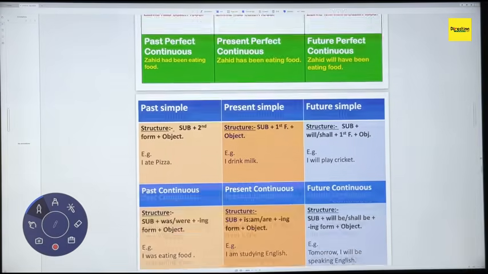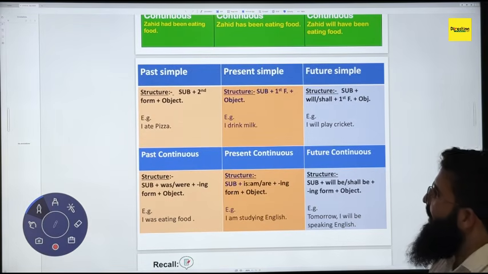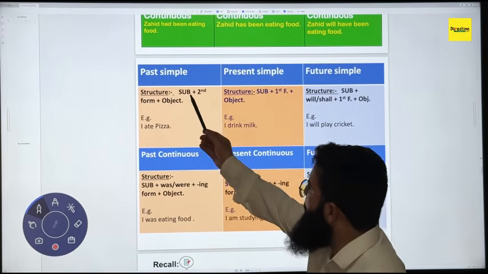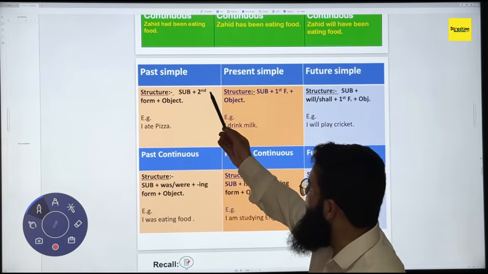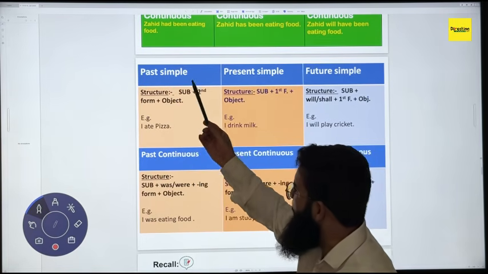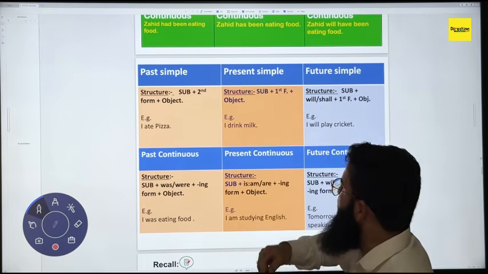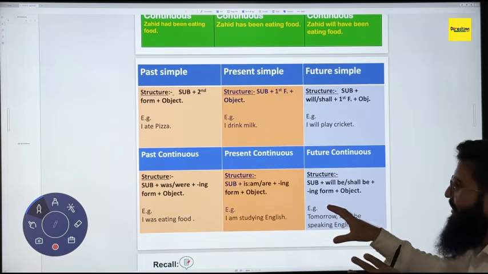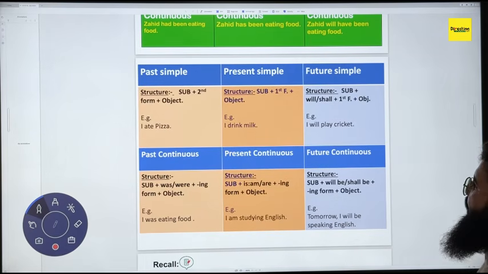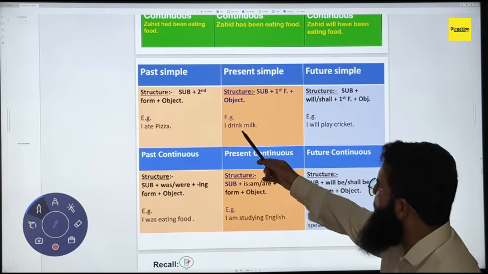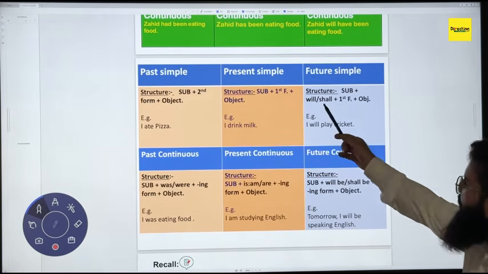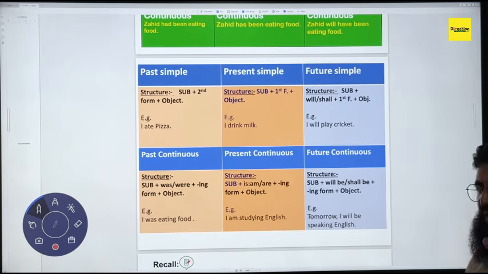The first question is, if you see, the structure of past simple is subject plus second form plus object. I ate pizza. This is a practice. This is not a quiz. This is first practice. Then I'll ask you on the next slide. This is subject plus first form plus object. I drink milk. Subject plus will or shall. Leave shall this time. We'll do it in modals.